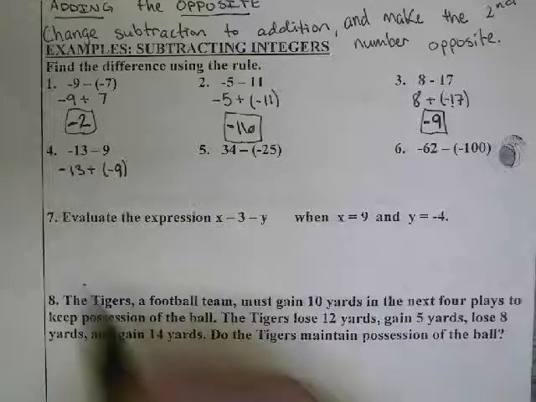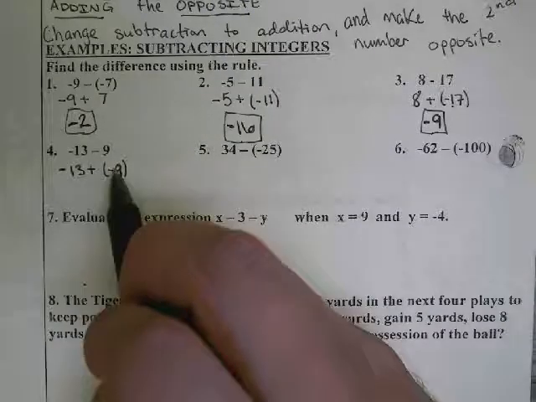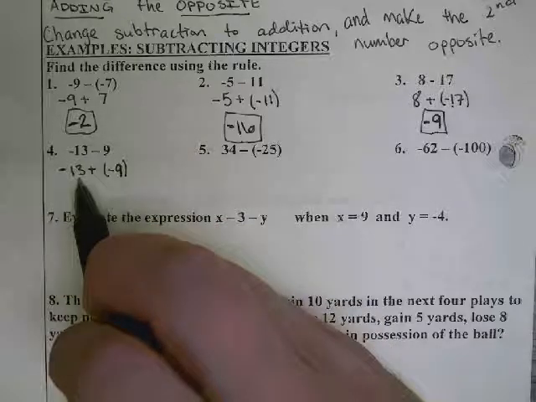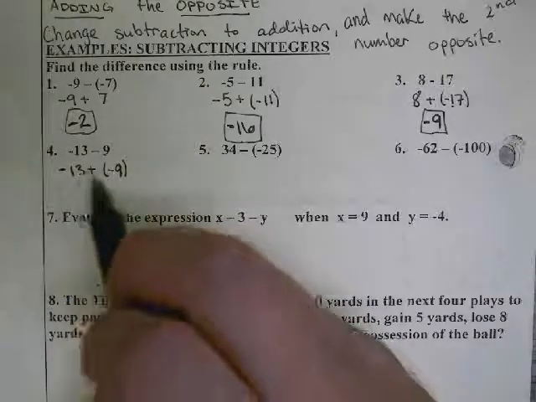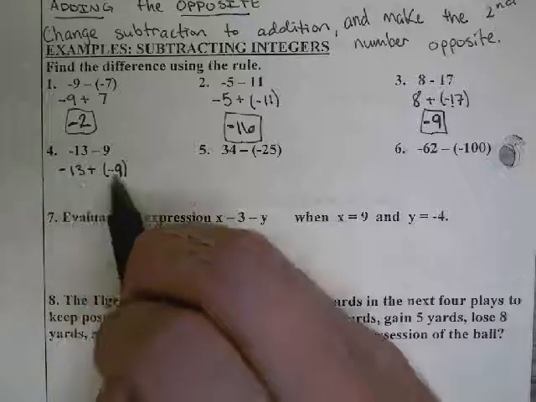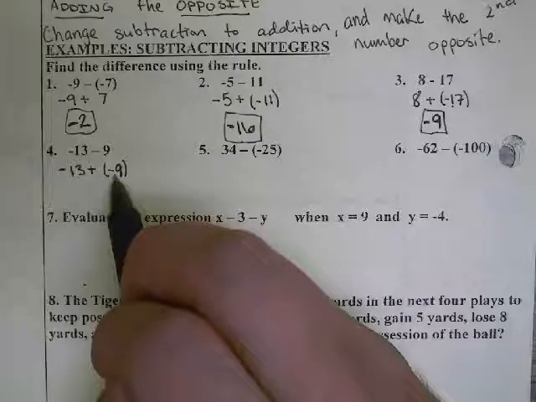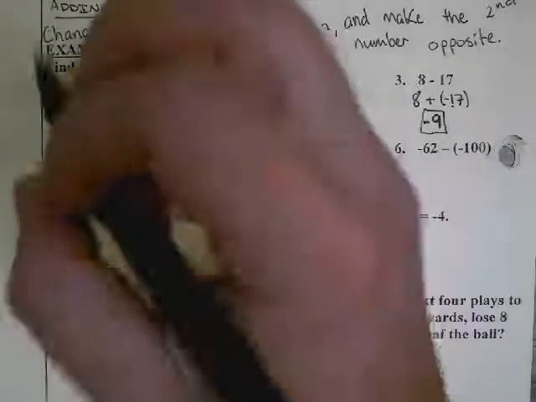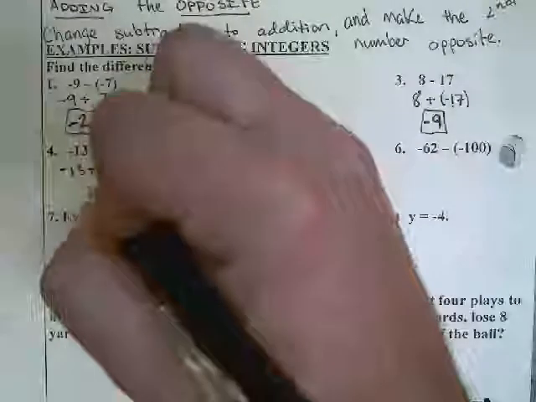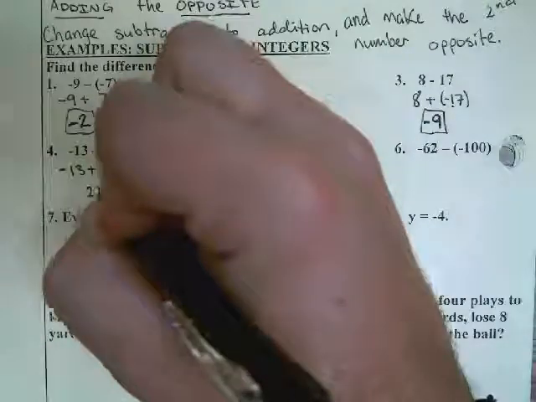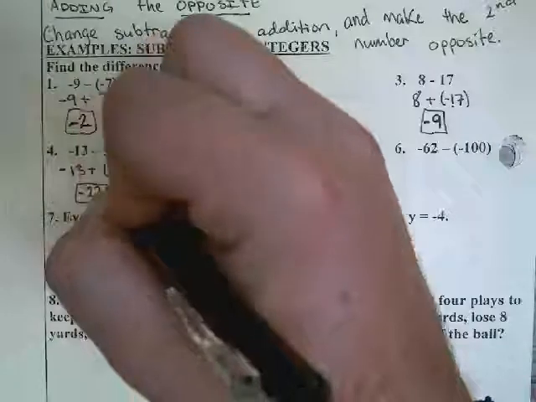Are my signs the same or are they different? They're the same. Do I add or subtract? Well, when they're the same, we add. We get 22, and we add and keep. And what are we keeping? We're keeping that negative. Keep the sign.